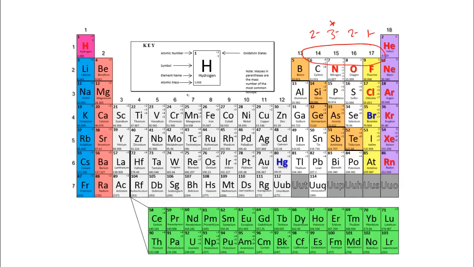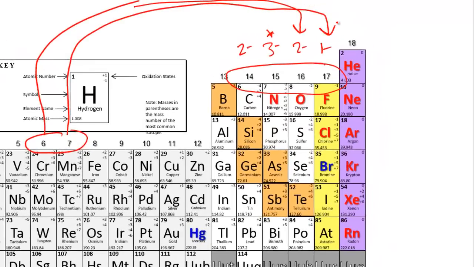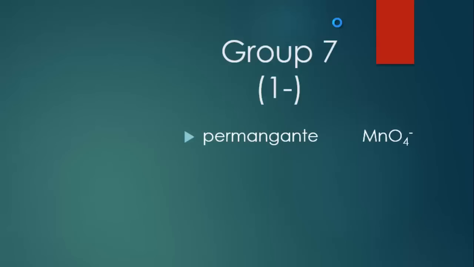Now we're going to jump over to groups 6 and 7 here, and 6 and 7 follow the trends just like their buddies. Group 6 follows group 16 pretty closely, so 2 minus, and group 7 follows group 17 pretty well, so 1 minus. So the only group 7 one that we have, also like group 17, 1 minus, is the permanganate.